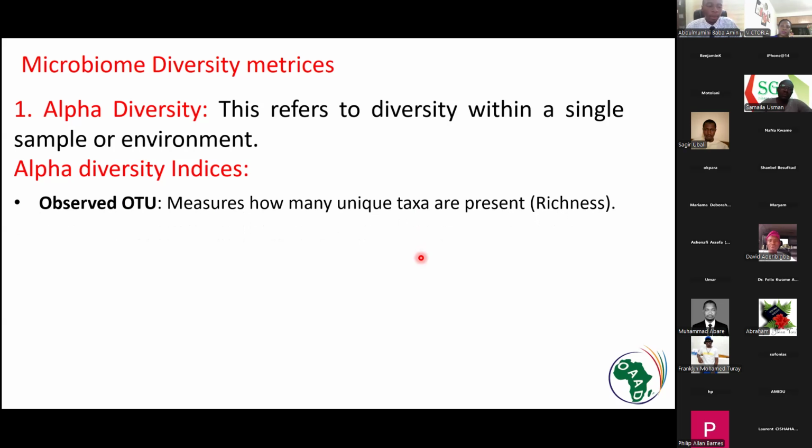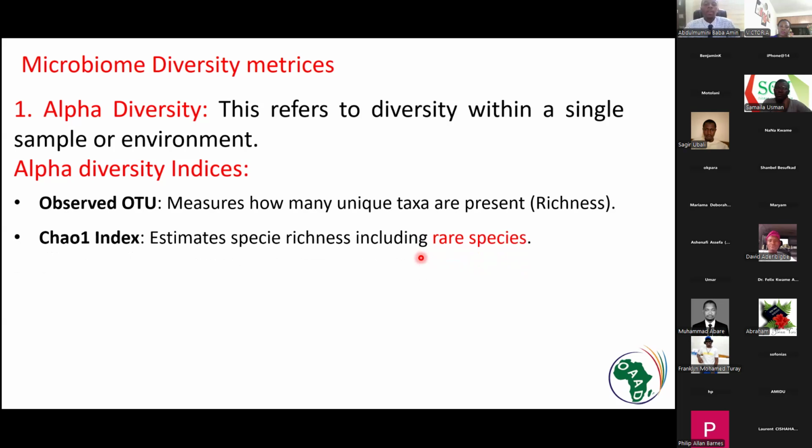Like Sample A has 3 different bacteria, Sample B has 2 different bacteria, for example. So Sample A is more diverse than Sample B. This is how it measures richness.